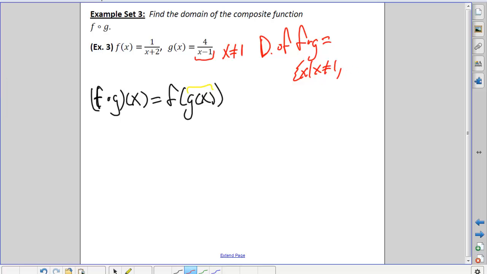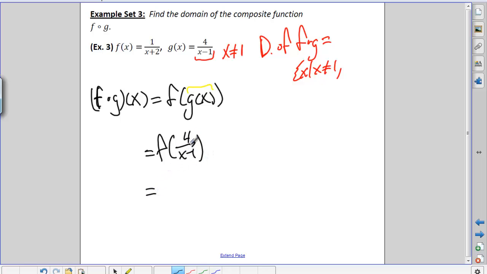Now, let's keep working and actually figure out what f of g is. And there's another part to the domain we need to look at here in just a second. So let's continue working this down here and find out what f of g looks like. g of x is 4 over x minus 1.